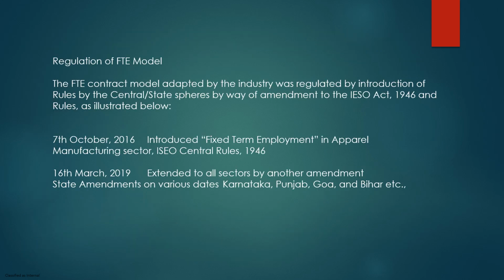It was also given importance on 7th October 2016, with fixed term employment in the apparel industry, that is the manufacturing sector, under the Industrial Standing Order Act. On 16th March 2019, it was extended again to other sectors in Punjab, Karnataka, Goa and Bihar.